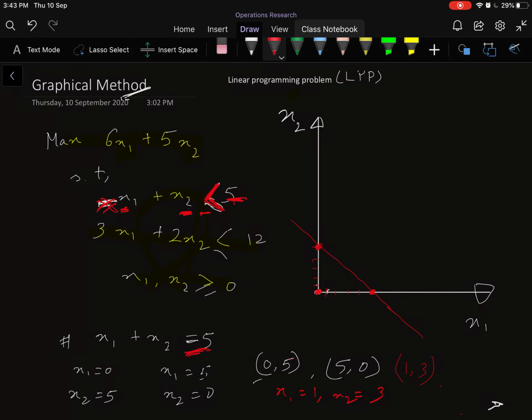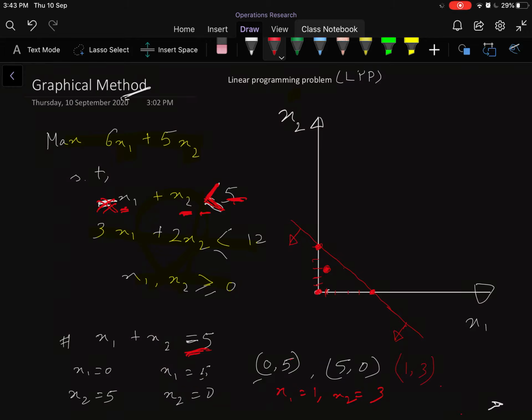So see, it would be 1 here, then 1 2 3, there is this point. This particular point represents 1 comma 3. Now this 1 comma 3 satisfies the less than condition, and it is lying on this side of the line.